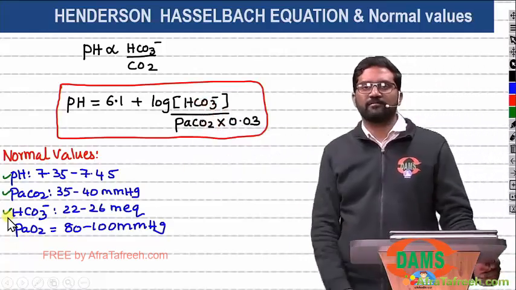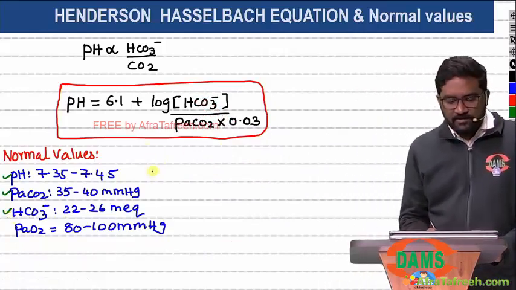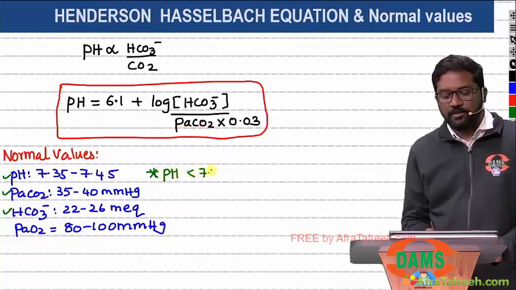this Henderson-Hasselbalch equation. Now in this present lecture, students, any pH less than 7.35, I will consider as acidosis.